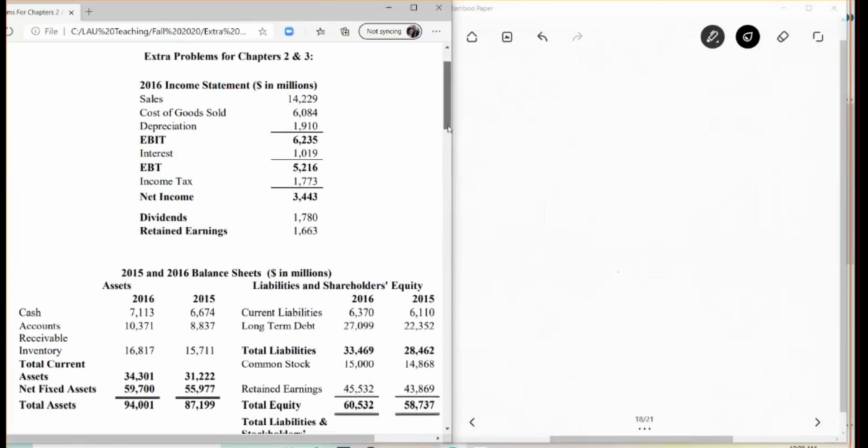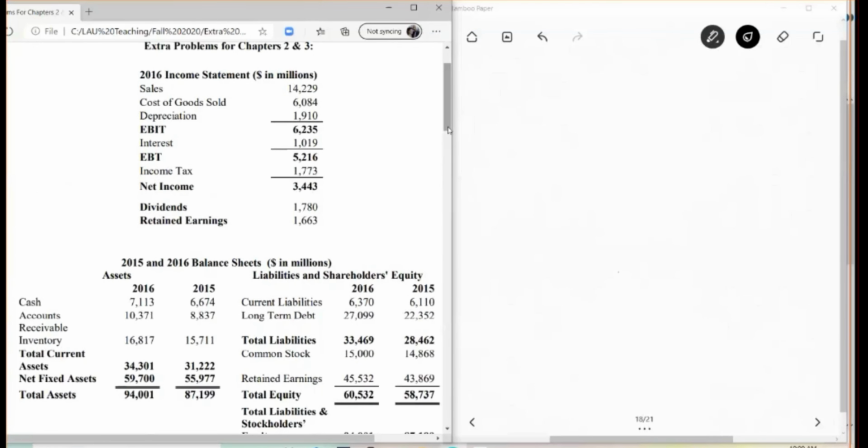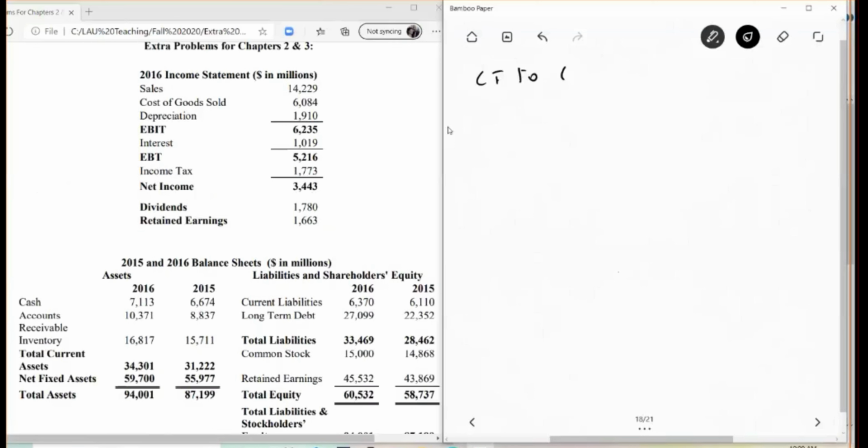Okay, I'll start now with the cash flow to creditors. The cash flow to creditors is equal to the interest expense. In this case, it's 1019 minus net new borrowing.